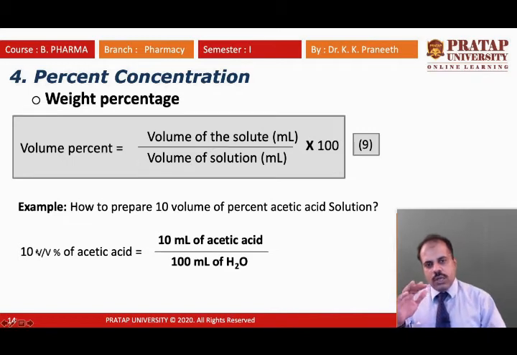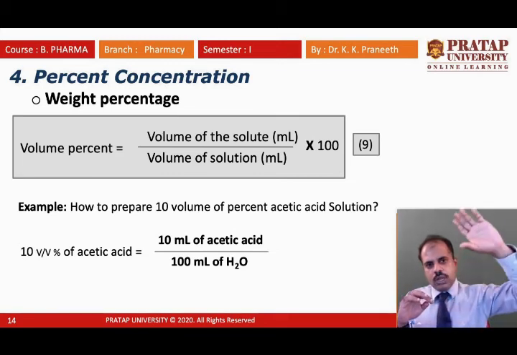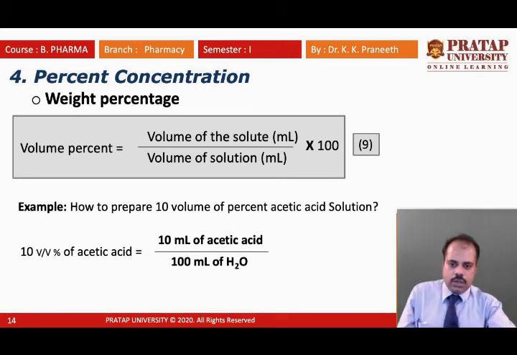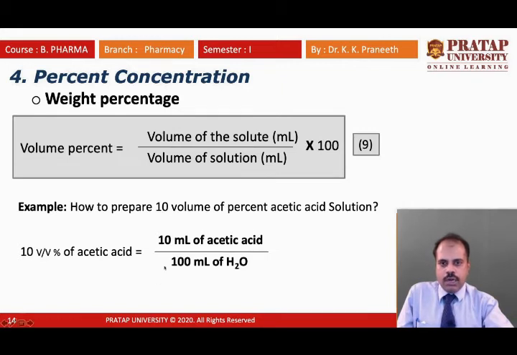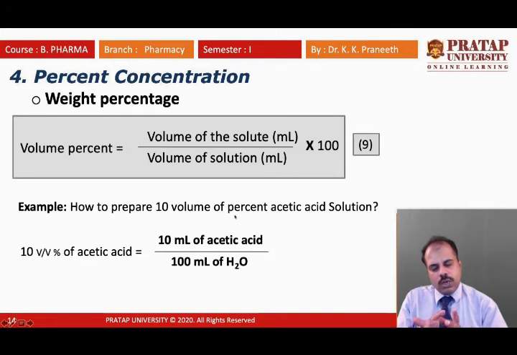You have to measure 20 milliliters of acetic acid, okay, and then add the water slowly and make up to a total volume of 100 milliliters, right? So 80 milliliters of water you have to add to the 20 and then you will get the 20 volume percentage. So here I have shown you how to make the 10 volume percentage. Similarly, you can also make 20, 30, 40%, whatever it may be, by using this simple formula.